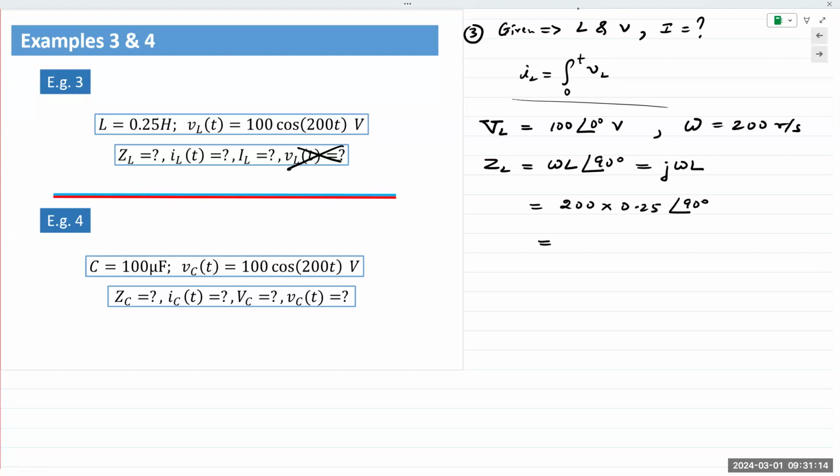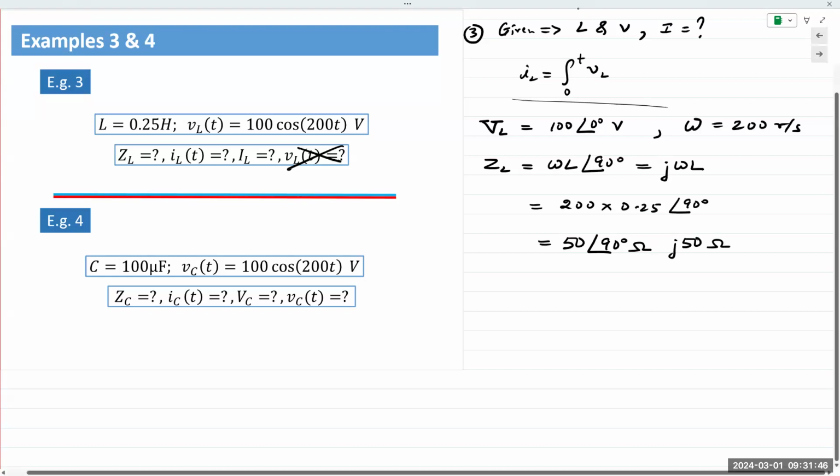And so that comes out to be magnitude 50 with an angle of 90 degrees. In rectangular coordinates, it would simply be omega L, so j50. And the unit is ohms. So 50 with an angle of 90 degrees, or in rectangular coordinates, j50 ohms.